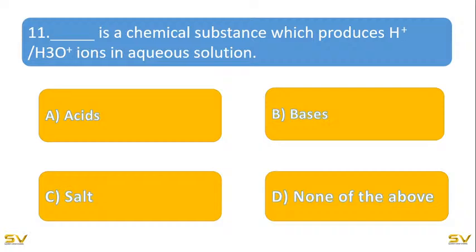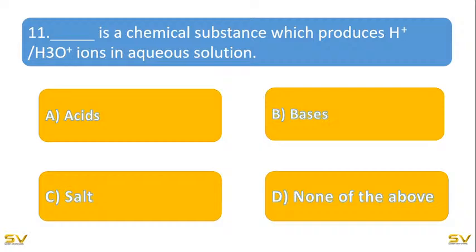Means the substance which produces H plus or H3O plus ions. What do we call those substances? Acids, bases, salts, or none of the above. So for the 11th one, option A or option B or option C or option D. When it is mixed with water, it produces H plus or H3O plus ions.